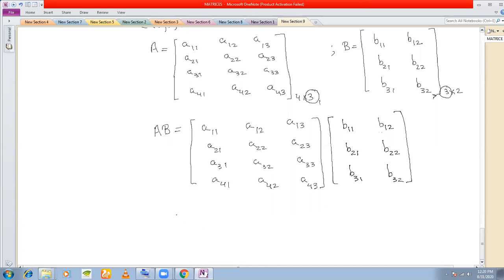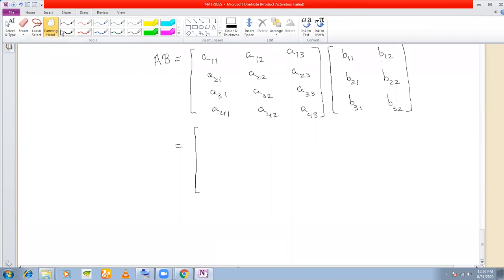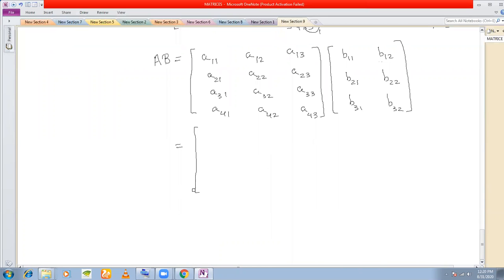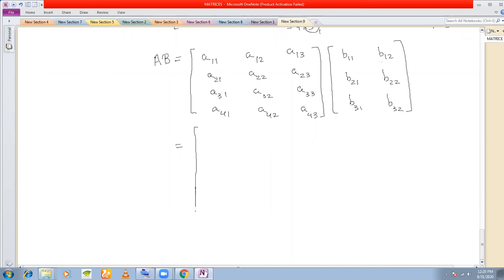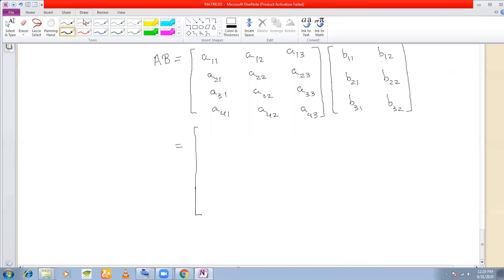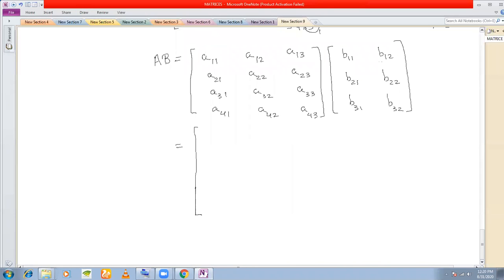We are now going to multiply, as we do for normal 2 by 2 matrices. First we multiply the first row with the first column to get the first row first column element of the product matrix.